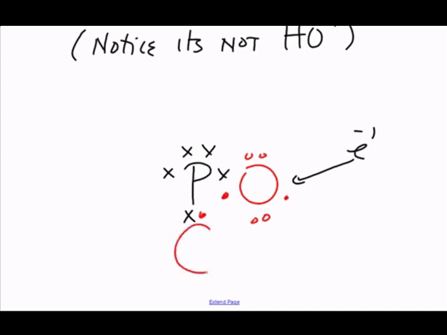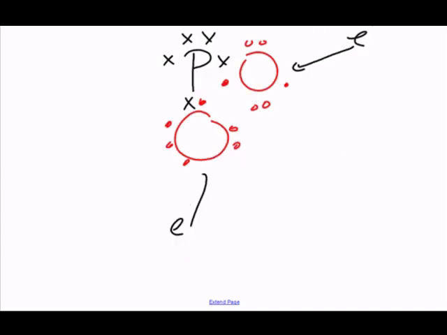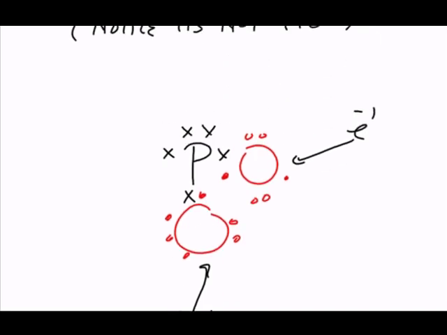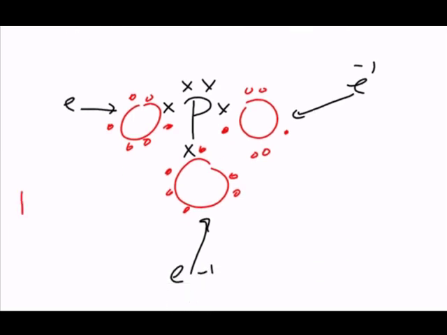Now we're going to add another oxygen down here on the bottom, and he's going to steal an electron, and then we're going to add one more oxygen on the left, and he will steal an electron. Notice phosphorus needs 3 electrons. For each electron he needs, he's sharing with an oxygen. And each one of those oxygens are stealing electrons. That's phosphite, PO3 with a -3 charge.